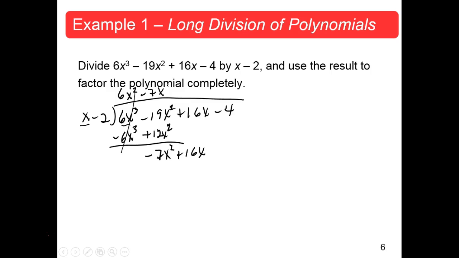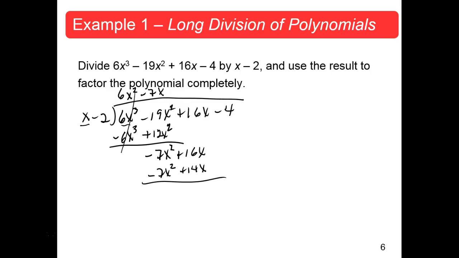And then what do we do next? Multiply. Negative 7x times x will be negative 7x squared. And negative 7x times negative 2 will be, plus 14x.